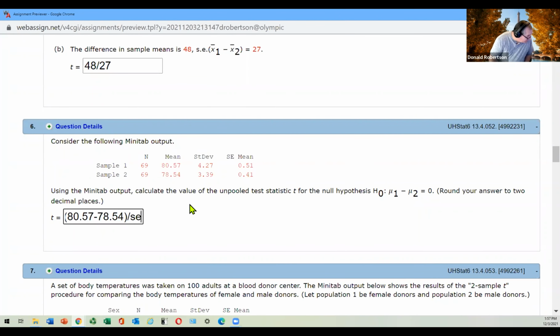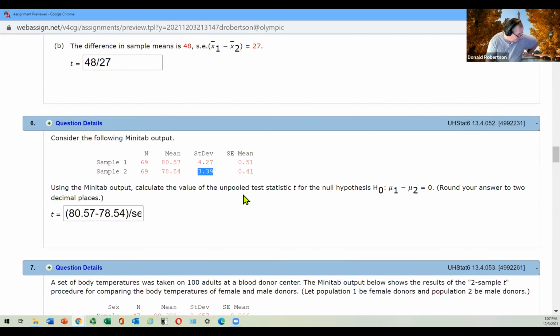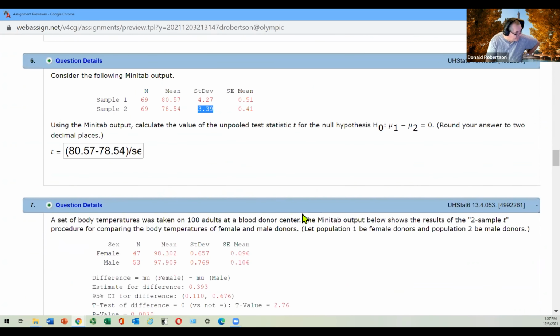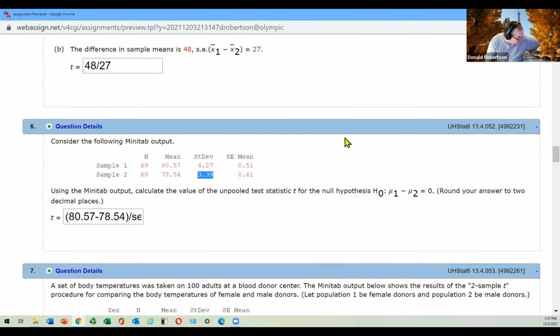And to get the standard error, you're going to use that guy is N1, that guy is S1, that guy is N2, that guy is S2, and you do the big ugly formula again. And that's it. Do you want me to do this question, or is it okay me just talking that through? Are we good with that?